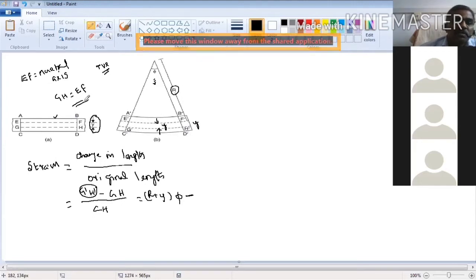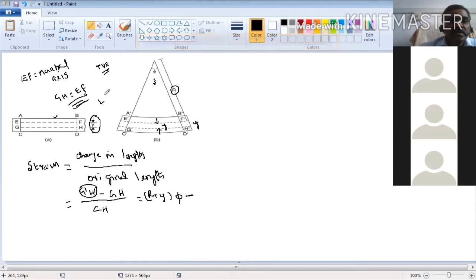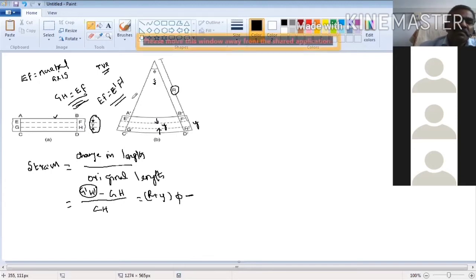But after application of the bending moment, EF is equal to E dash F dash. Am I right? Because what is EF? EF is a neutral axis. In case of a neutral axis, when the bending moment is applied, no elongation, no stress, no strain. So EF is equal to E dash F dash.